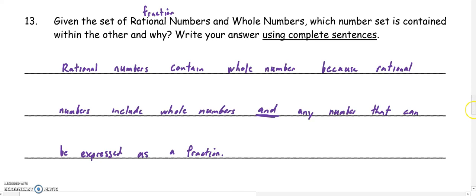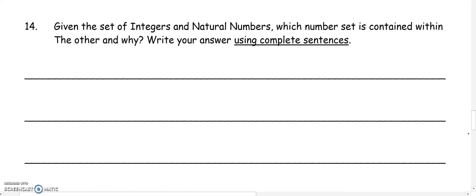Let's look at one more example. Given the set of integers and natural numbers, which number set is contained within the other and why? In this case, which number set is bigger? This time it's going to be the integers because they also include negative numbers, while natural numbers only have positives.